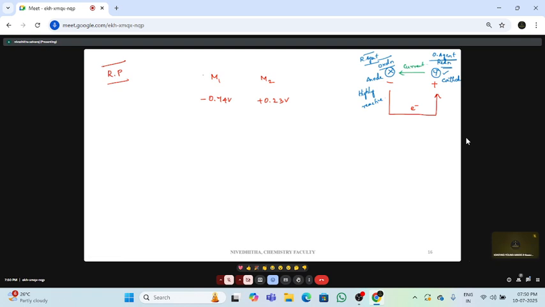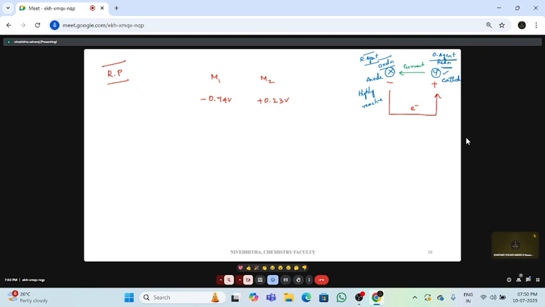Now could you please tell me, among M1 and M2, which will get oxidized and which will get reduced? Please apply the same shortcut here. The values are minus 0.74 and plus 0.23.